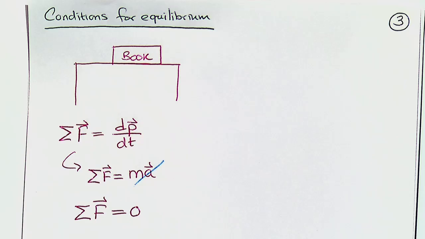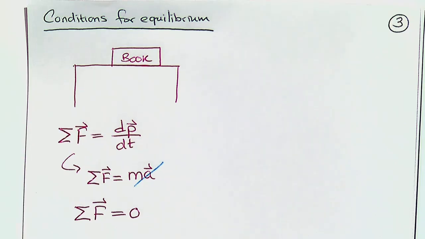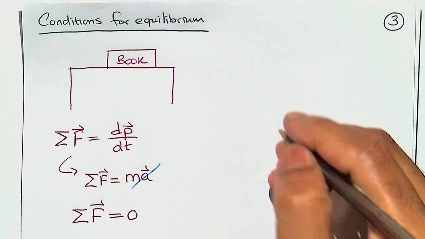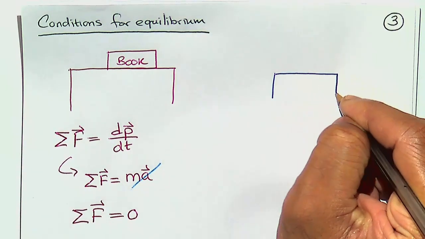It will not go up, it will not go sideways, it won't fall. If there are no net forces, the sum of the forces is 0. Now, there's another condition that applies for an object like a book. So here's the book.